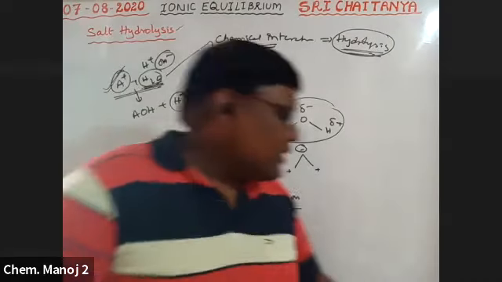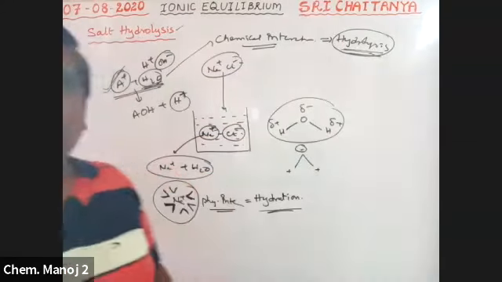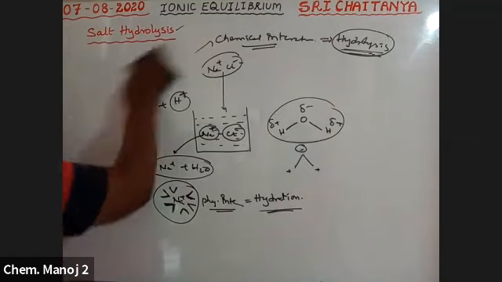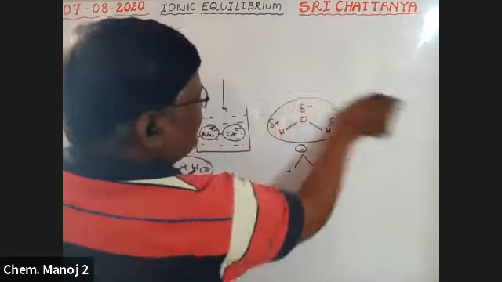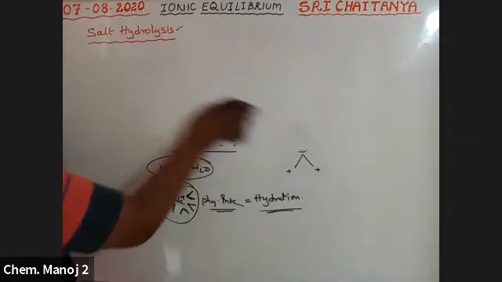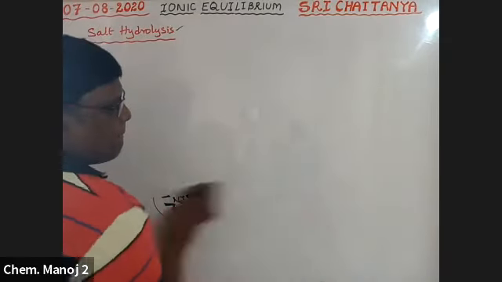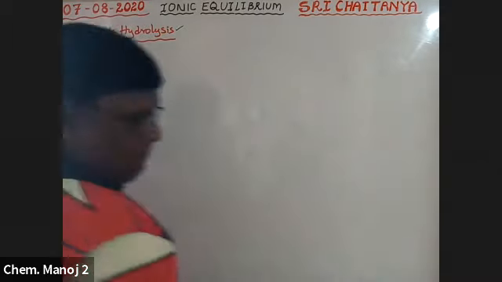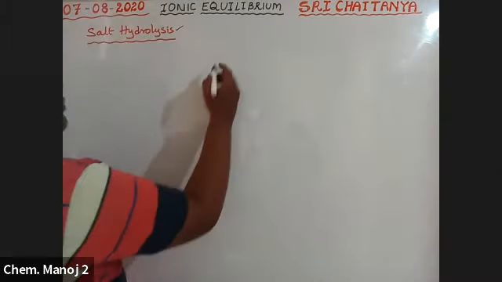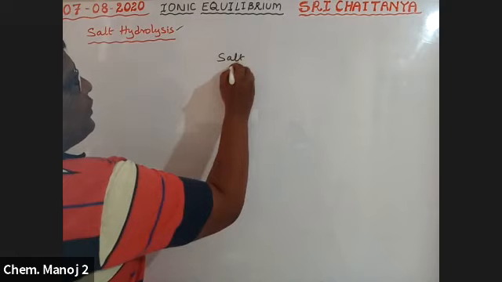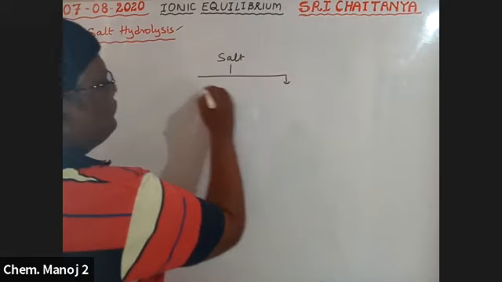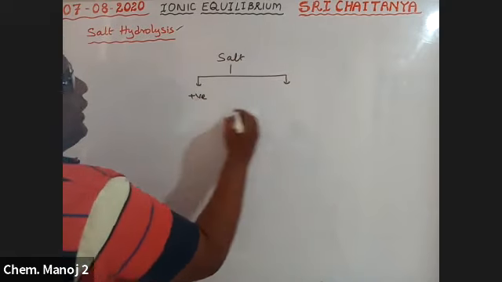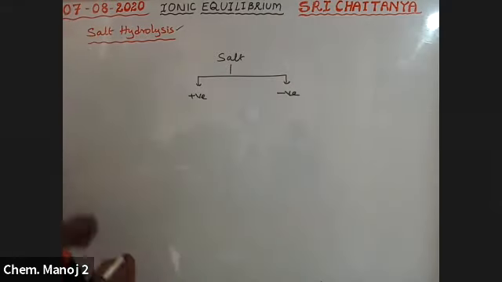What is this salt hydrolysis? Before that, what is a salt? Salt is the combination of one positive ion and one negative ion.